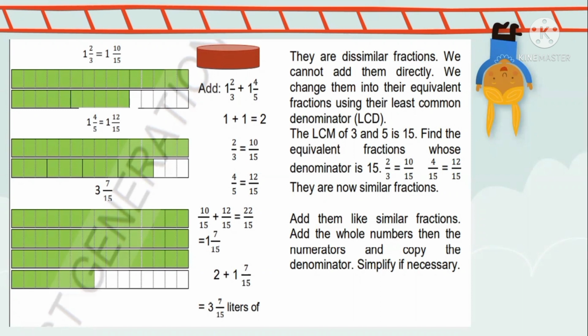But take note, you have there whole number 2. 1 plus 1 is 2. So add 2 and 1, 7 over 15. It gives us the answer of 3 and 7/15, the final and simplified answer.